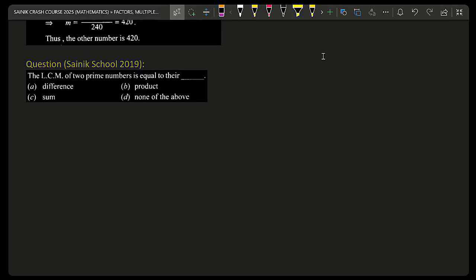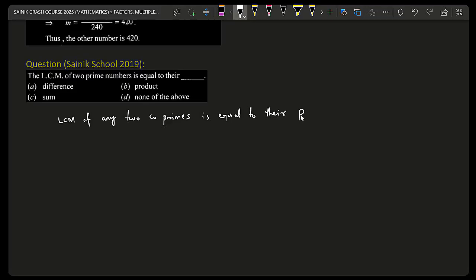Sir, any two prime numbers are always co-primes, isn't it? Yes, sir. That's why. Okay, so we can write that LCM of any two co-primes is equal to their product.